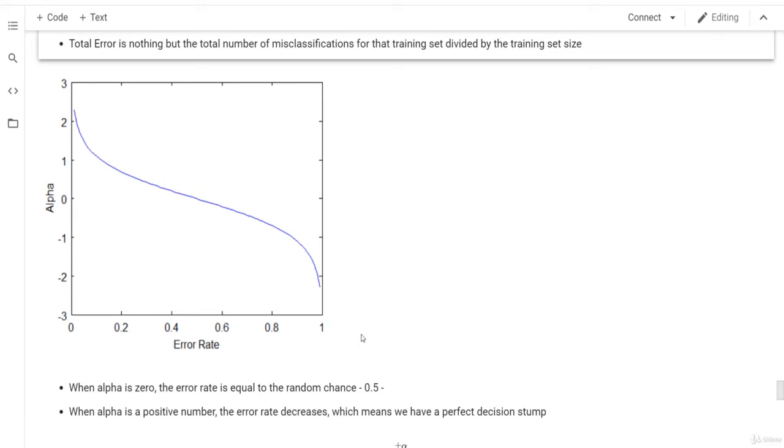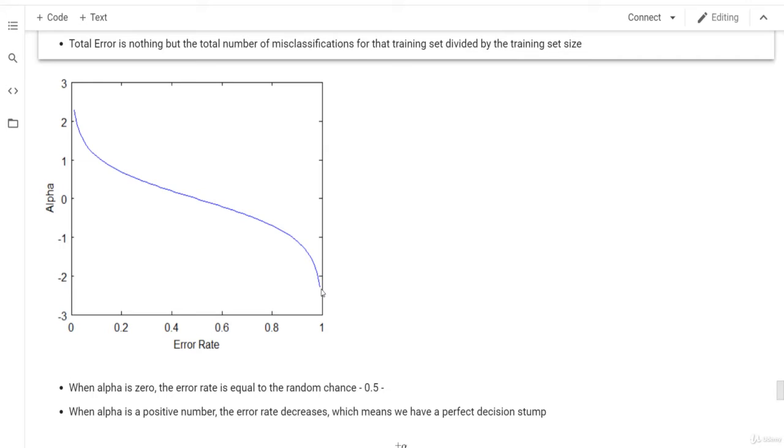You need to understand that the maximum error is not 1, right? Because if we have an error of 1, so we misclassify all the points, this means that this classifier is actually working greatly, but we just need to flip the classification, right? So if it's a binary classification and this classifier is giving us an incorrect classification every single time, then we just need to flip it.